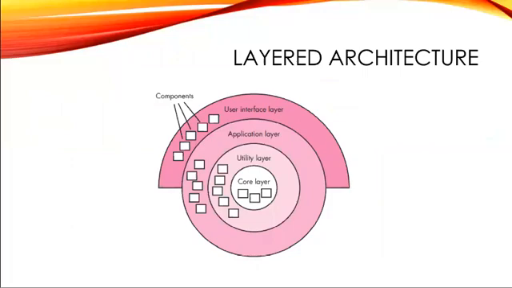The last one is the layered architecture. As the name says, there are going to be multiple layers within this layered architecture. A number of different layers are defined, and the job of each layer is to perform some specific operations.